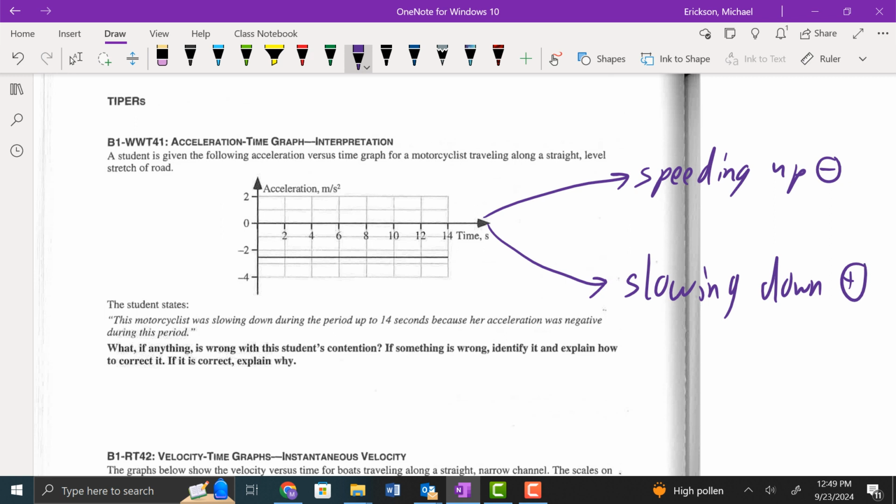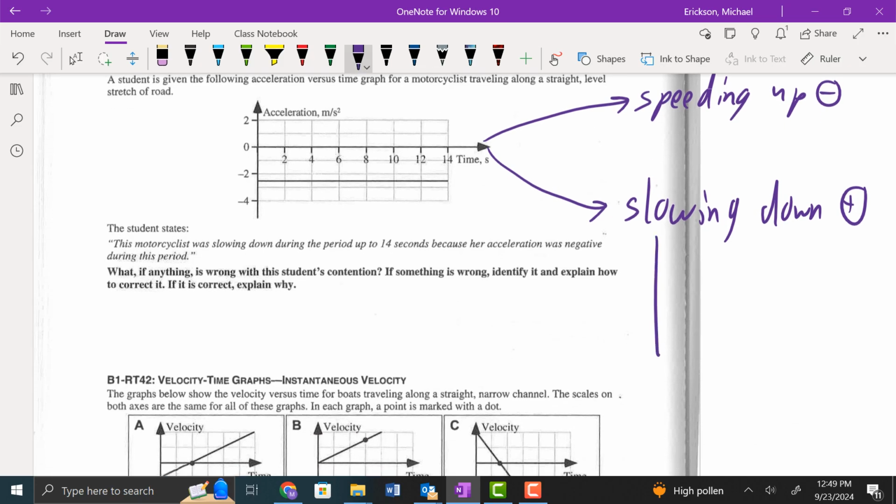Maybe we were speeding up in the negative, but then we ended up slowing down in the positive, or you would start off slowing down in the positive and then go speeding up in the negative. What I mean is, if I had a VT graph, this, or this all looks the same on this acceleration time graph, assuming these are all the same slope.